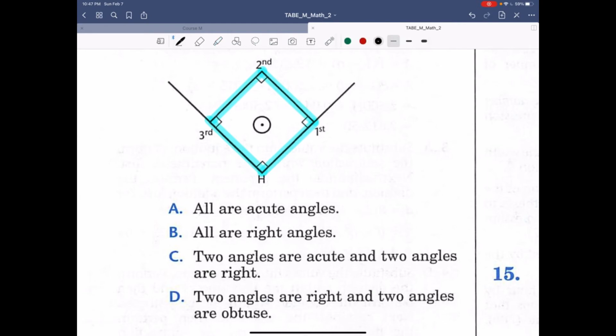That's not true. All are right angles. That is true. Two angles are acute and two angles are right. That is not true. Two angles are right and two are obtuse. That is not true. They are all right angles because it forms a baseball diamond.